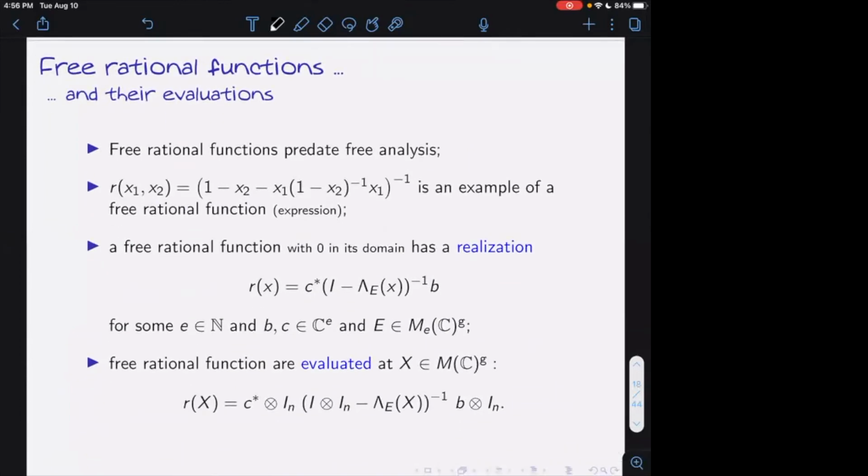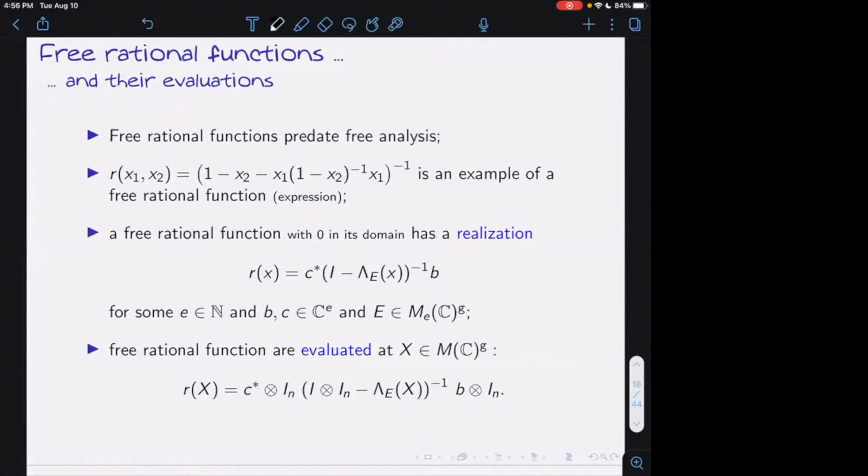So beyond polynomials or rational functions, here's an example. It's the kind of expression an operator theorist might end up looking at. You take some polynomials, you take an inverse of a polynomial, you multiply by variables, take another inverse.